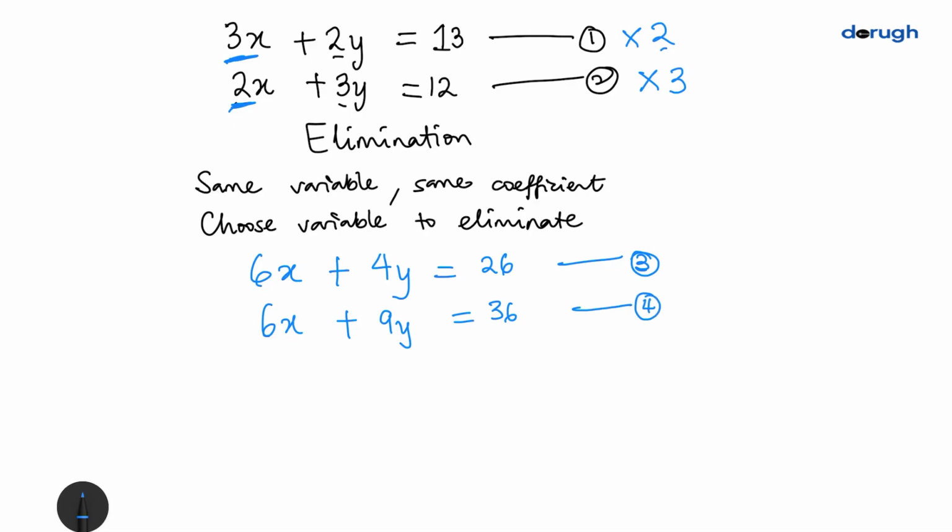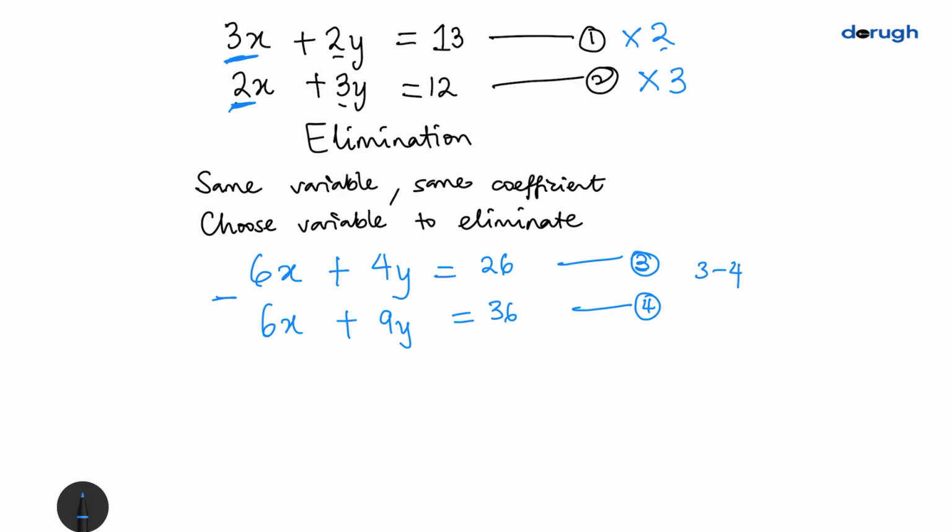Okay, so now we have the same coefficient for x in both, which means our elimination method can proceed as planned. Remember that if we have the same sign, which we do in this case, we will have to subtract. And the beauty of subtraction is we don't always have to subtract 3 minus 4.